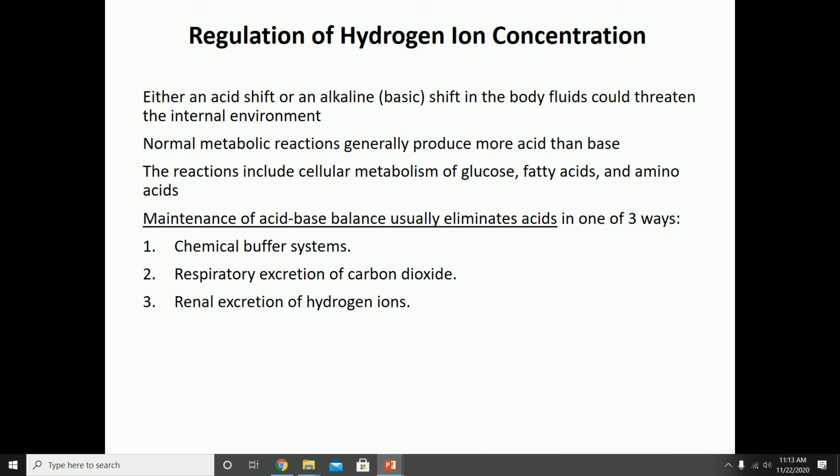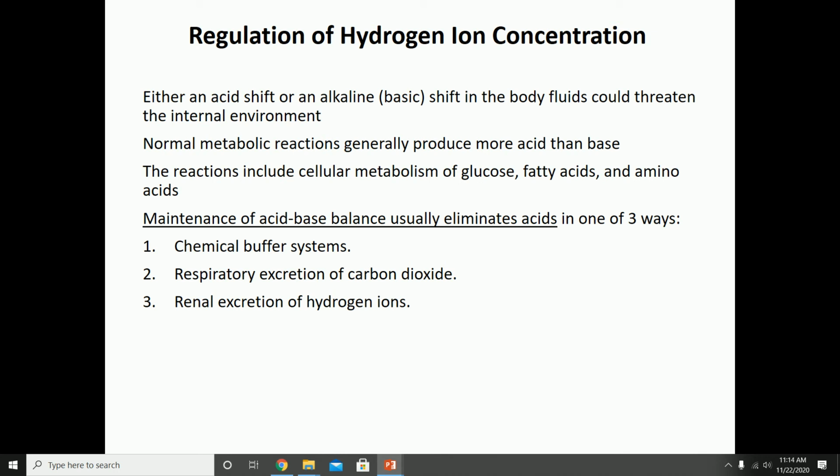If there is too much acid in the body, we can hyperventilate, washing away a lot of carbon dioxide. And if you do not remember the relationship between carbon dioxide and hydrogen, a little hint would be that infamous equation we mentioned several times, where carbon dioxide combines with water to make carbonic acid, and then carbonic acid breaks down to hydrogen ions, H and HCO3.